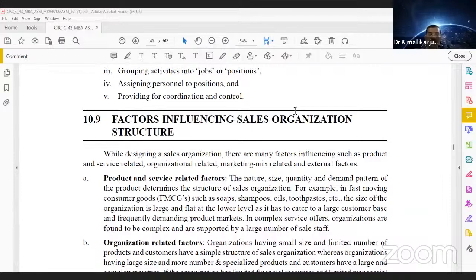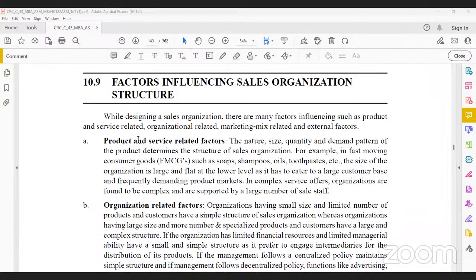The organization is large and flat at the lower level, as it has to create a large customer base for frequently demanded product markets. In complex offers, organizations are found to be complex and are supported by a large number of sales staff. Then organization related factors.